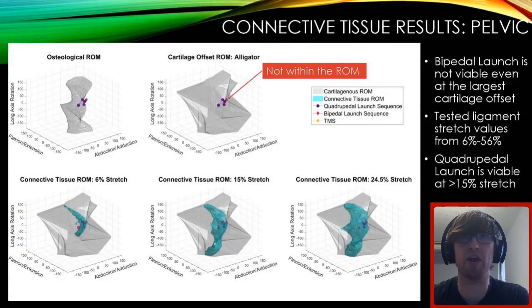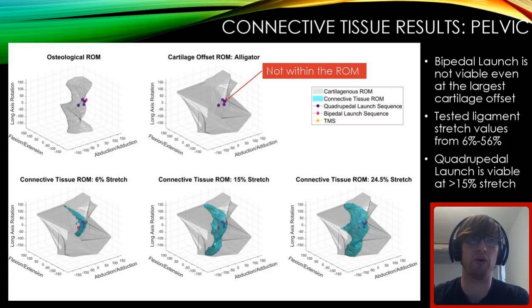Now, once we do the same thing for the pelvic ROM, things go a little bit differently. Once again, we found appendicular cartilage was always required. So none of them were viable within the osteological ROM, which is the one without any offset. But even at our largest appendicular offset, which was the alligator again, the bipedal launch pose didn't fit inside the actual ROM envelope.